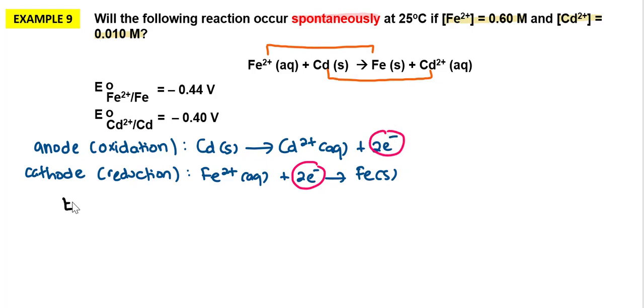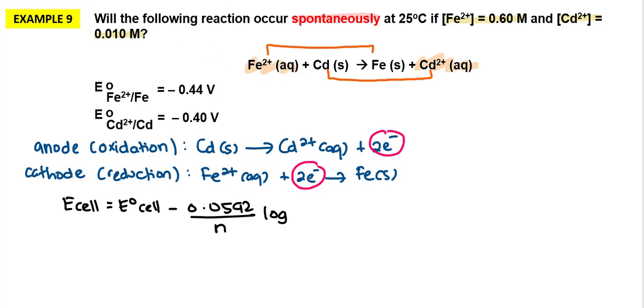So our Nernst equation is E cell equals E naught cell minus 0.0592 over n times log concentration of, so from our overall equation, remember only aqueous and gas are included in the expression.